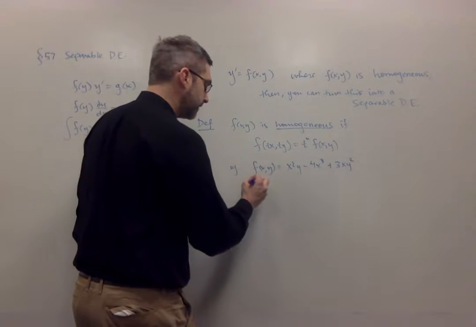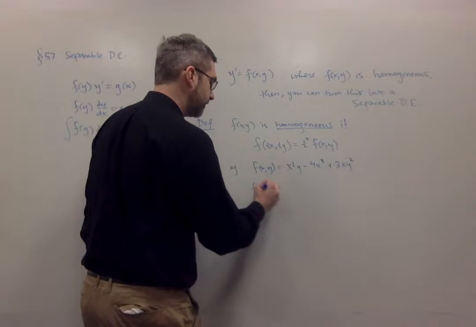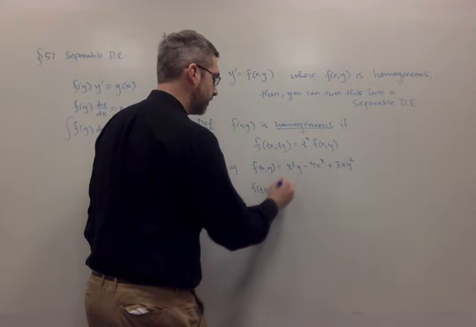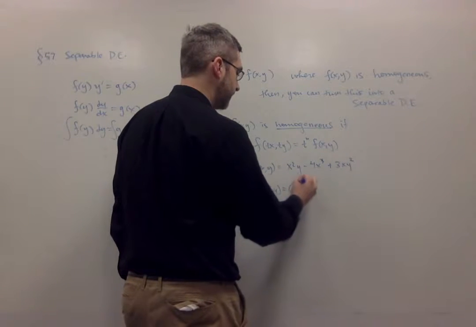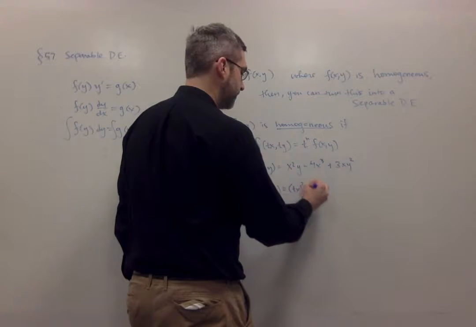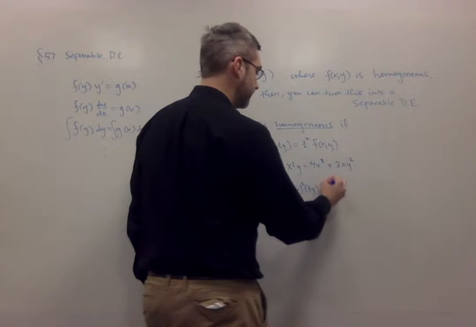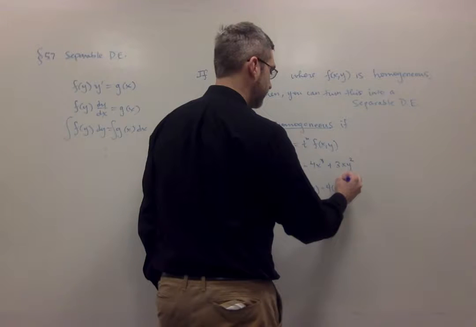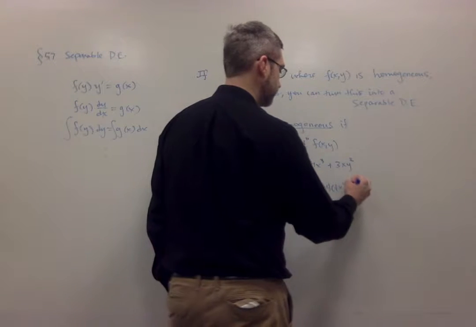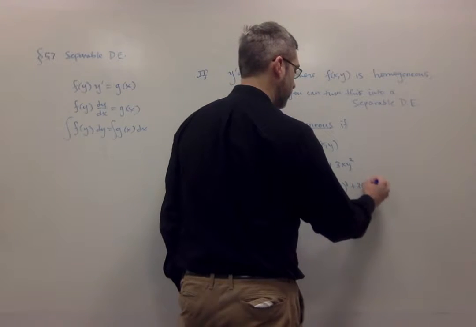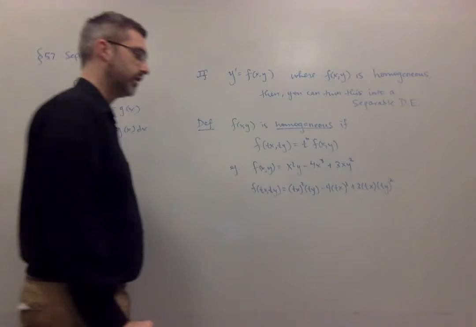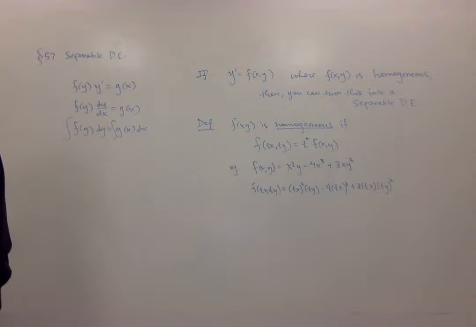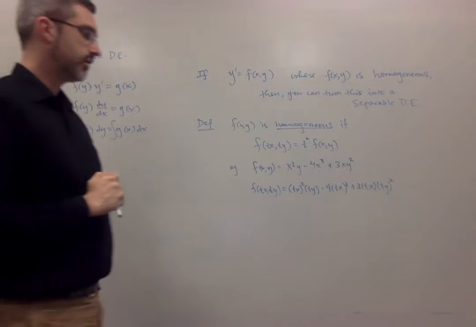So let's plug in tx and ty where there was an x and a y before. So instead of x, we're going to have tx, and instead of y, we're going to have ty. Okay, so everywhere I'm just sticking in tx and ty where there's an x and a y.